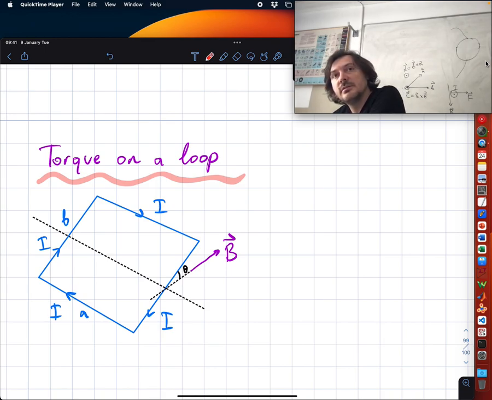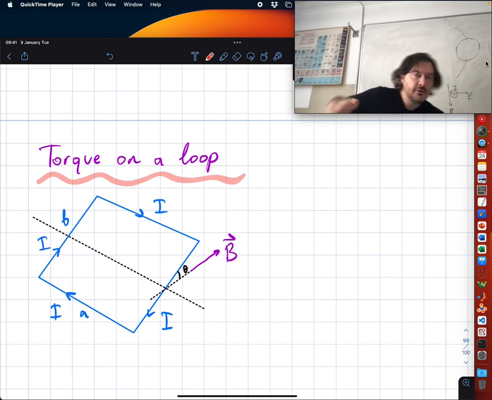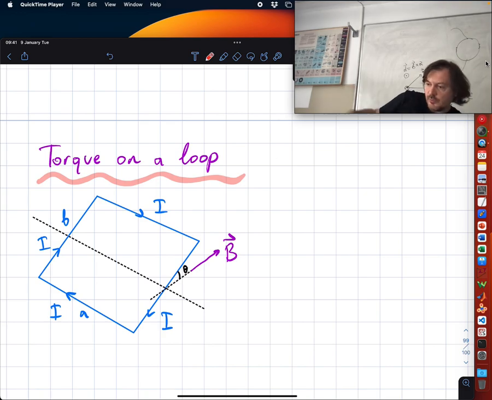On the axis of rotation. Axis of rotation, out or in? He is saying out, right? So why is it out? Because I start with current that is pointing this way, right? And I go all the way to B. So it's out.